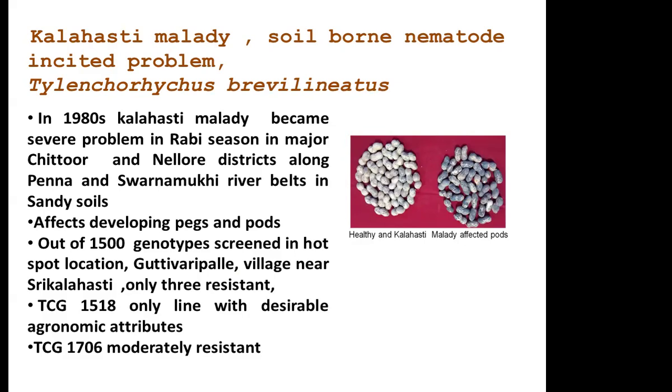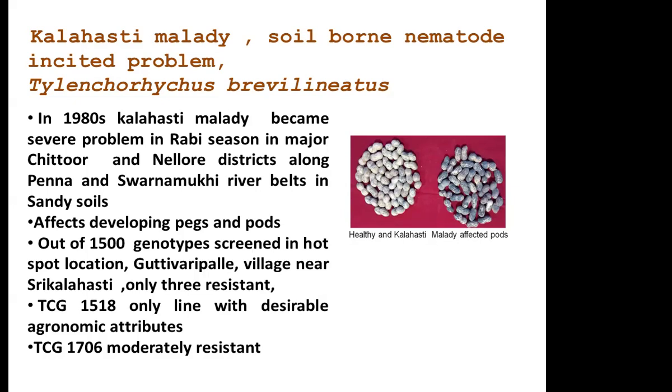If there is a high infestation of these nematodes, the pods become small with thin shell, and the surface also becomes dark, and consequently yield reduction will be there. It affects developing pegs and pods.